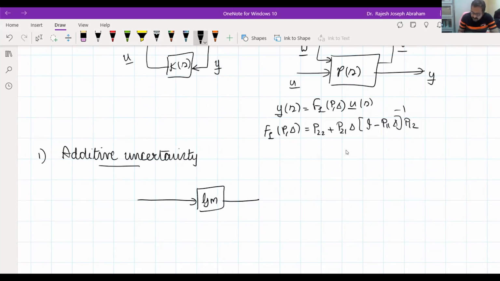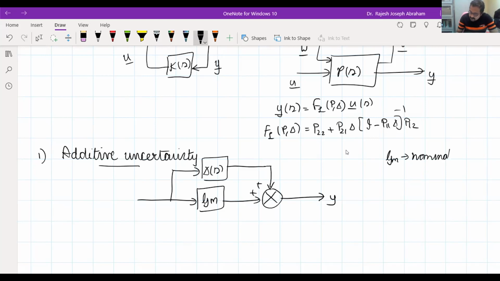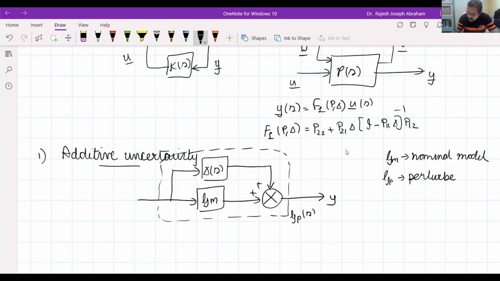The perturbation will appear as an additive factor, delta of s, and this is the Y. Keep in mind, GM is the nominal model. My perturbed plant is GP of s. This is the perturbed plant, the nominal plant model GM with the perturbation delta of s.